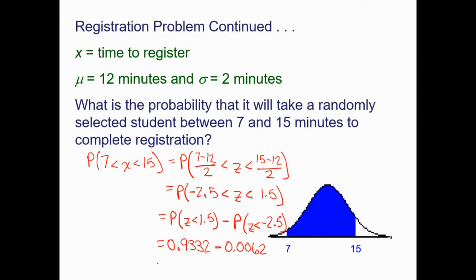Okay, so if we subtract these, what do we get? Should be 0.9270. Questions on this one? Okay, next one.